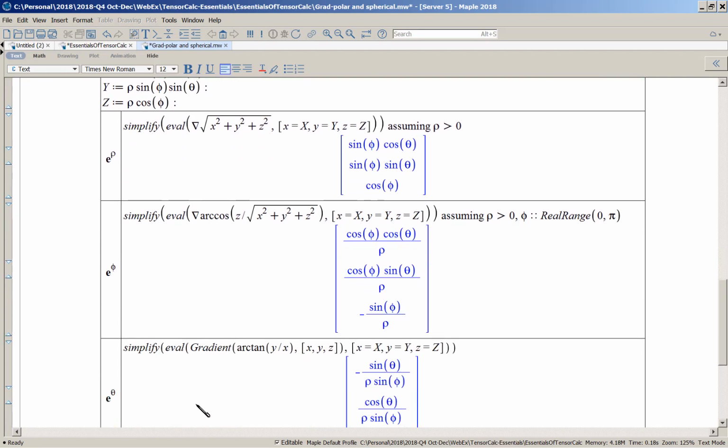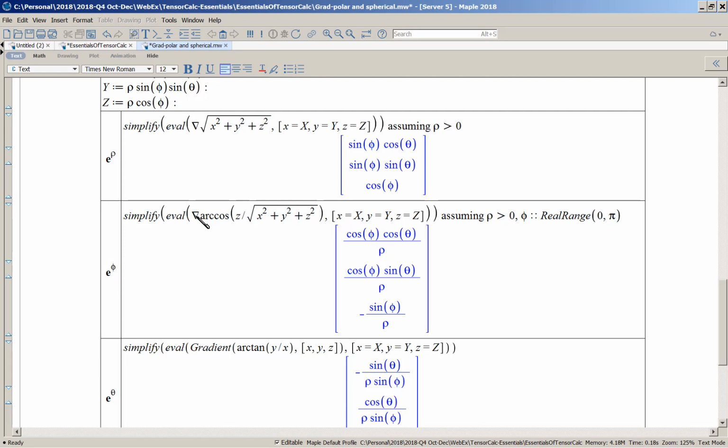And if you do the same thing for theta, well, what is theta? It's arctan y over x. You take the gradient with respect to x, y, z. See here, when you take the gradient, the variables are x, y, z. You don't have to say that the variables are x, y, z. But here, there's only two variables. If you didn't say x, y, z, Maple would put a 0 for the third component, or wouldn't even compute a third component.